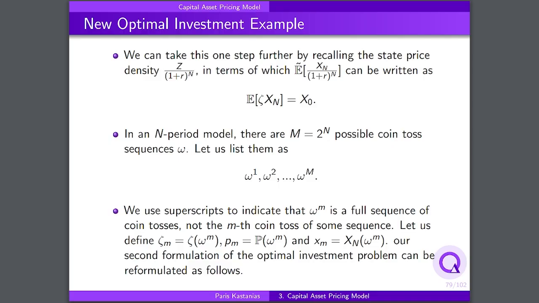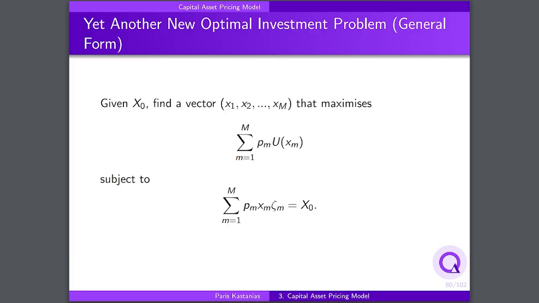Our second formulation of the optimal investment problem can be reformulated as follows. So given x0, find the optimal xm.